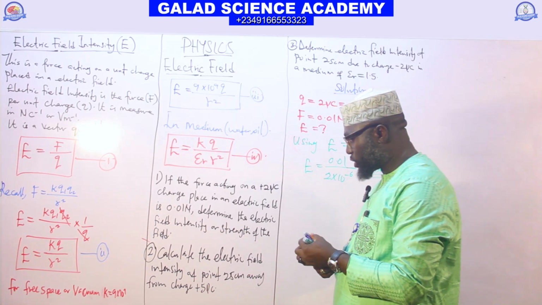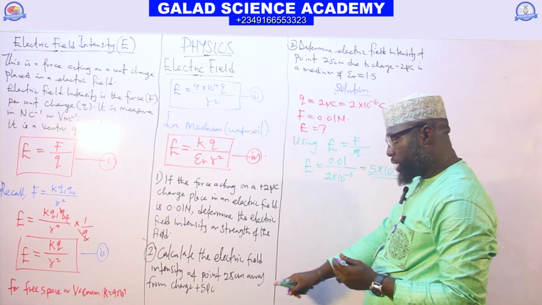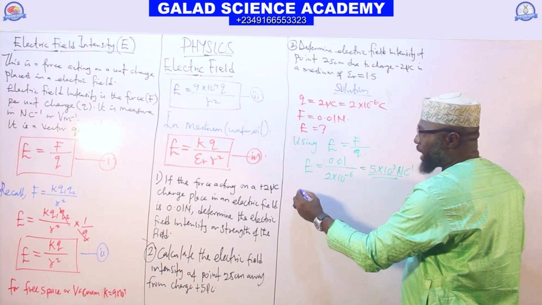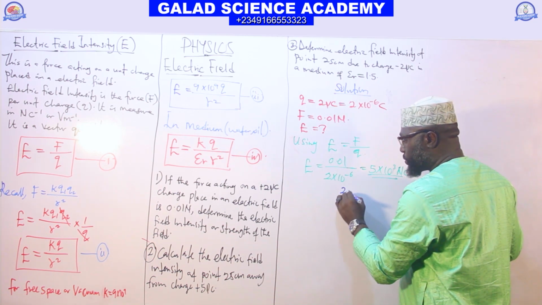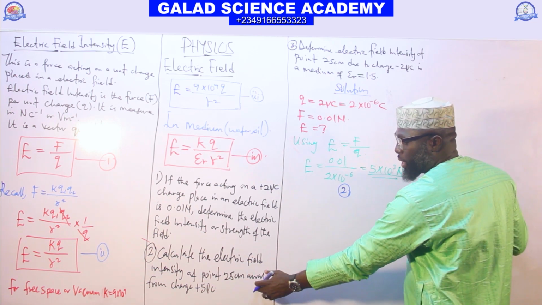So for the second question, what do we have? Calculate the electric field intensity E at 25 centimeter away. Here, in question number 2, we are given the intensity away.